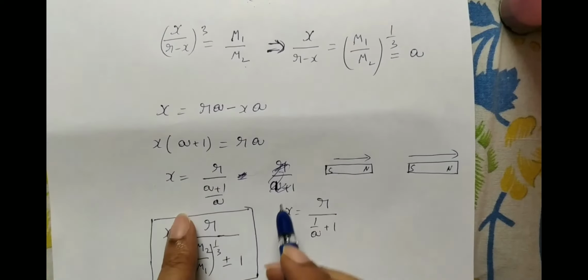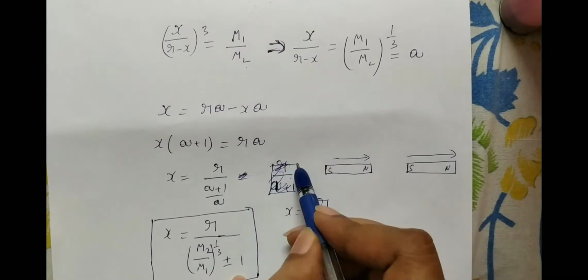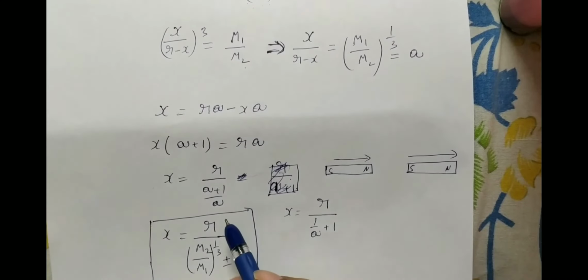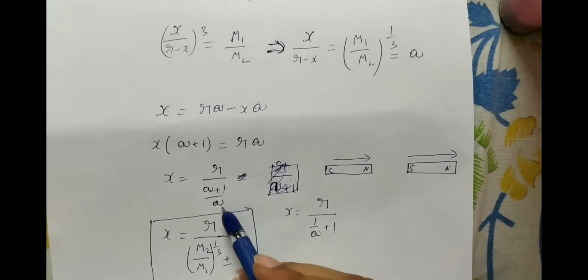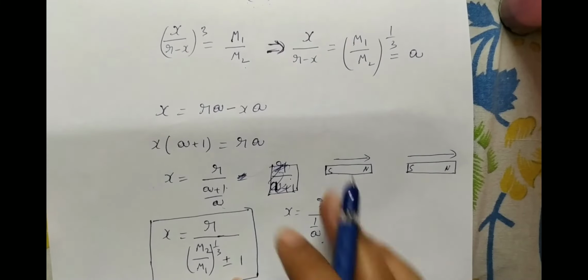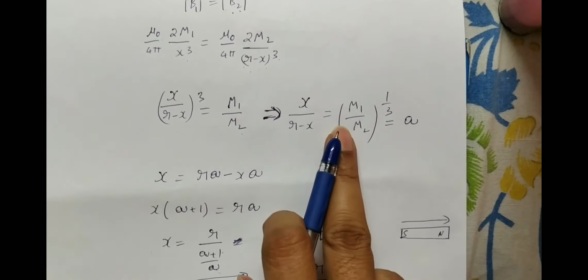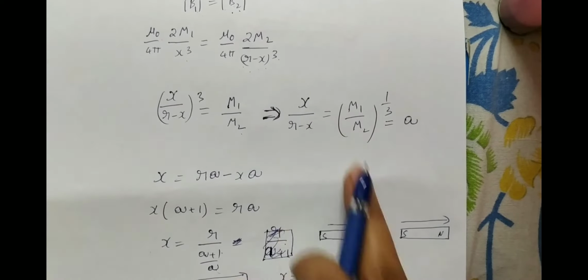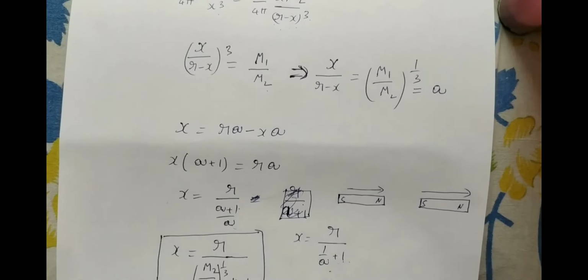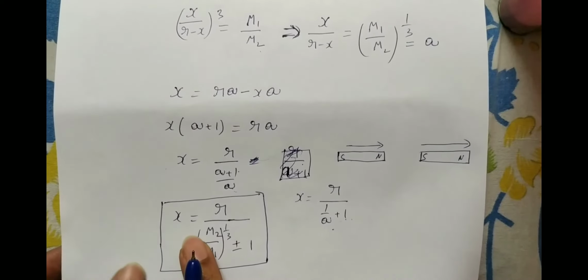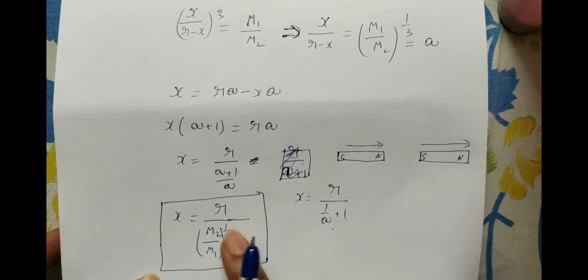A little mistake is there, you see: it is actually 1 by A plus 1. In place of A, substitute the cube root of M1 by M2. What you get is the location of the null point: x equals the total distance between the magnets divided by (cube root of M2 by M1, plus or minus 1).